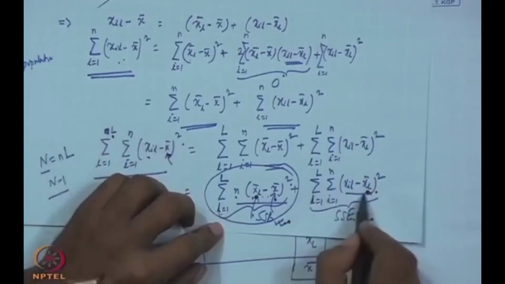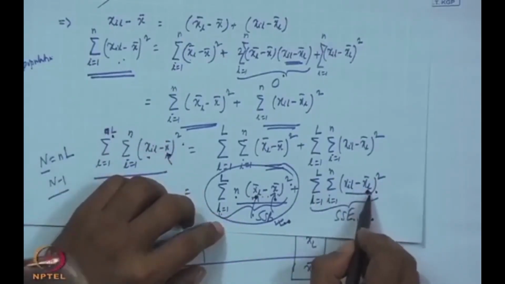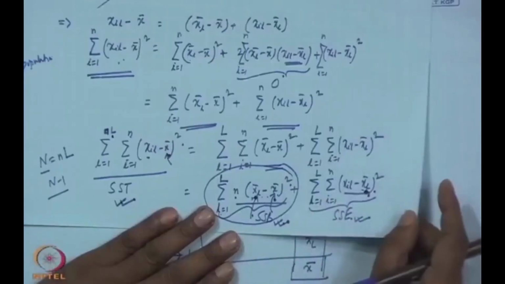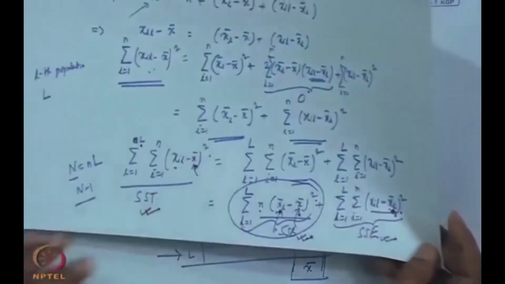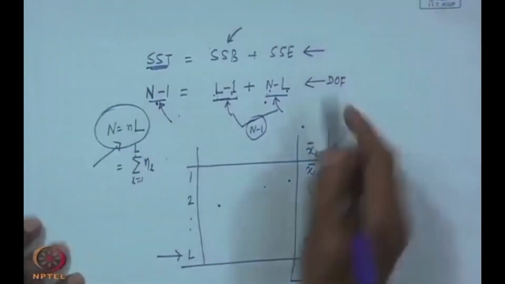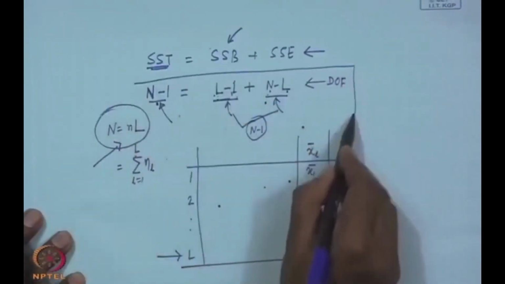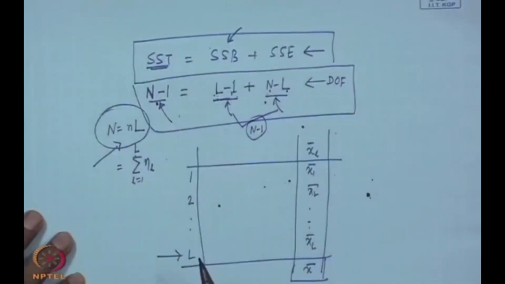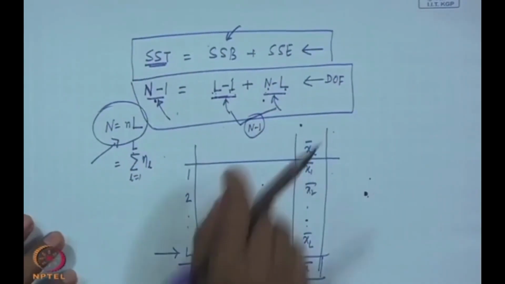To compute this, you need to know all those XL bars. So, L degrees of freedom are already lost. You have capital N observations, and L is lost. So, N minus L. This is the decomposition of the degrees of freedom, correct.